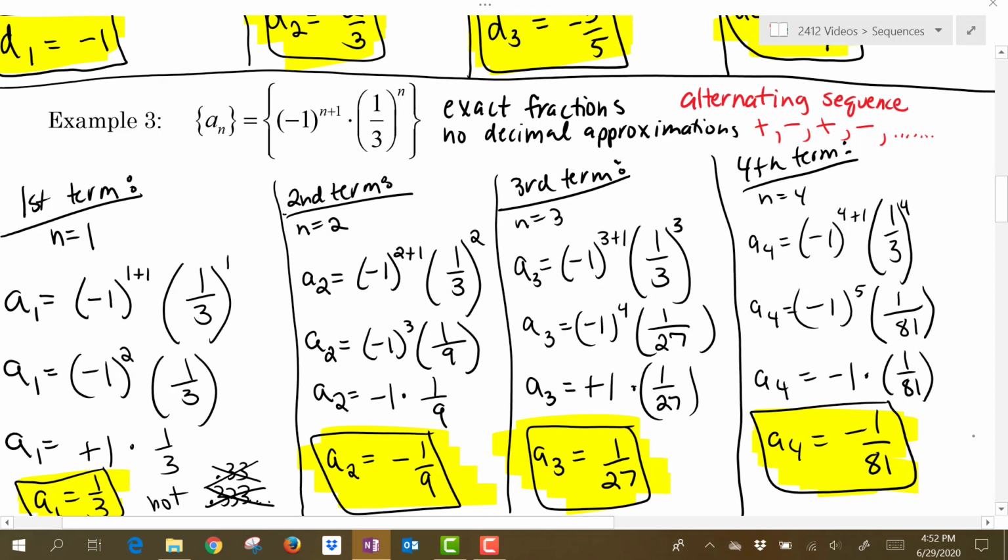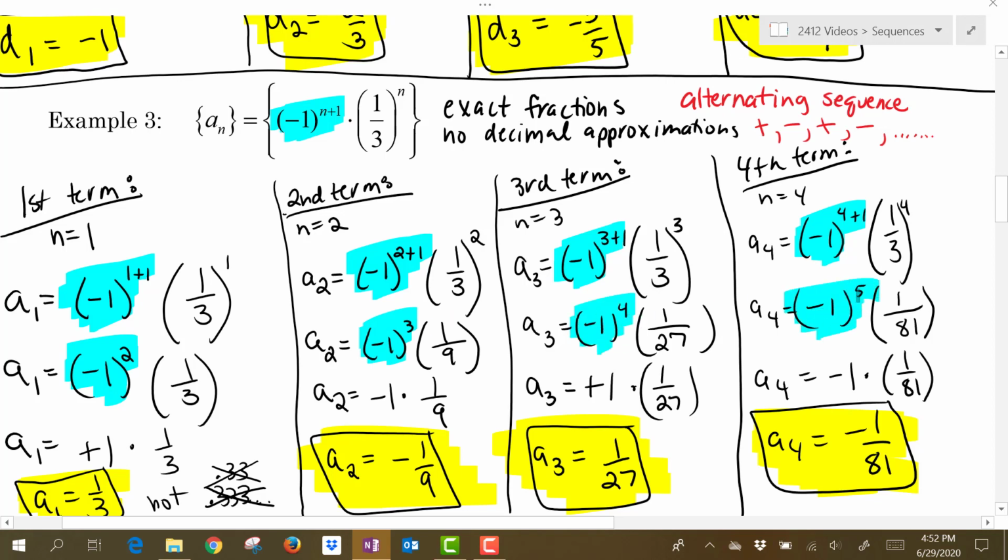Okay, what makes that pattern happen? That alternating sign pattern again comes from this part of our formula, the (-1) in the parentheses raised to a power. Once we plugged in and we simplified, we got (-1) to an even exponent, (-1) to an odd exponent, and then (-1) again to an even exponent, and then (-1) to an odd exponent.